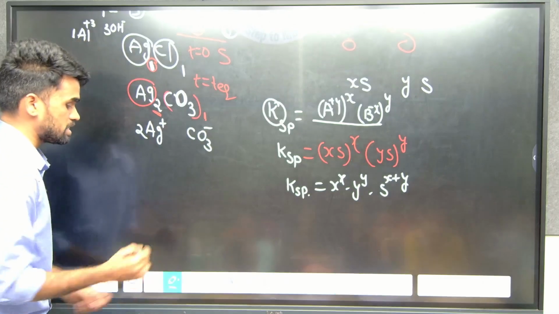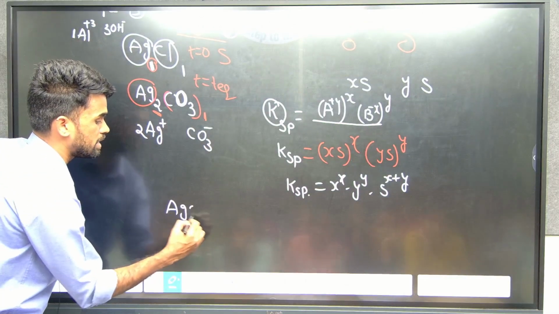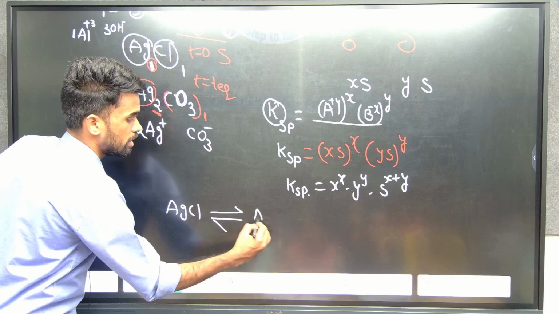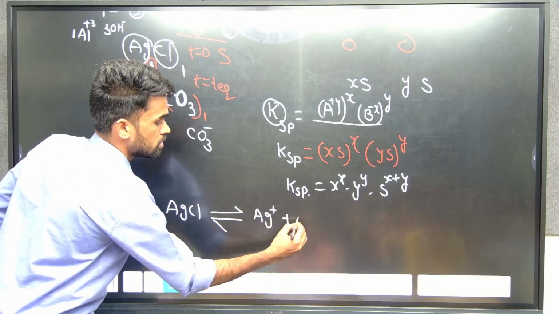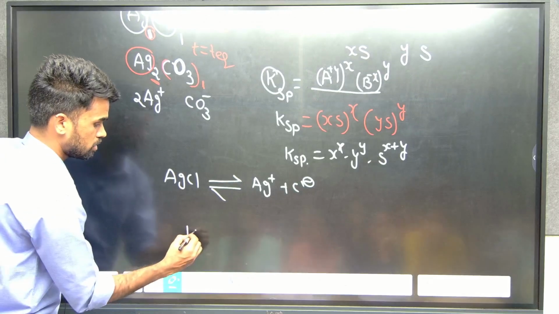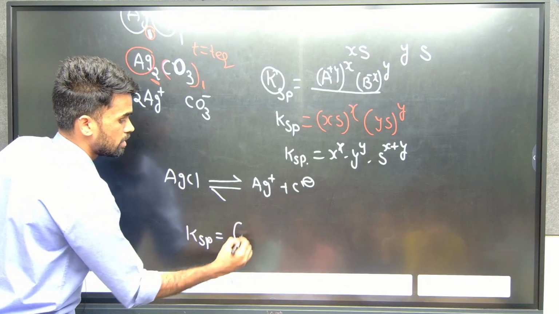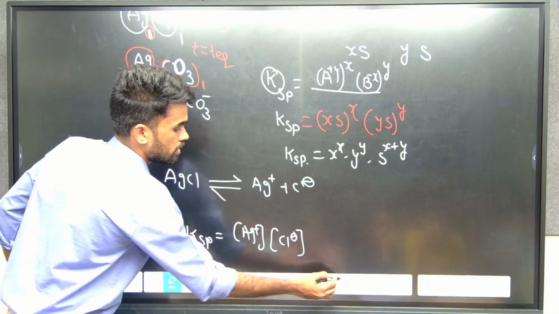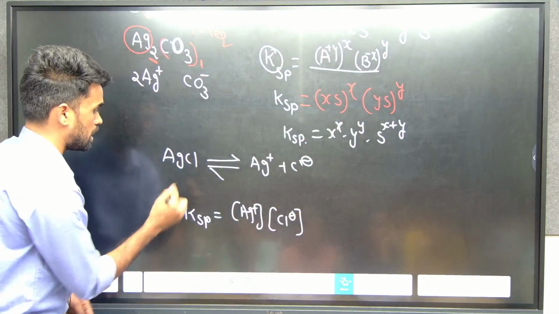Now tell me the same story, apply it for AgCl, and tell me how it will dissociate. Ag plus, Cl minus. Now I am asking the solubility product of this AgCl. How will you write? Ag plus ion, Cl minus ion. Now let us say S amount of salt is taken initially.